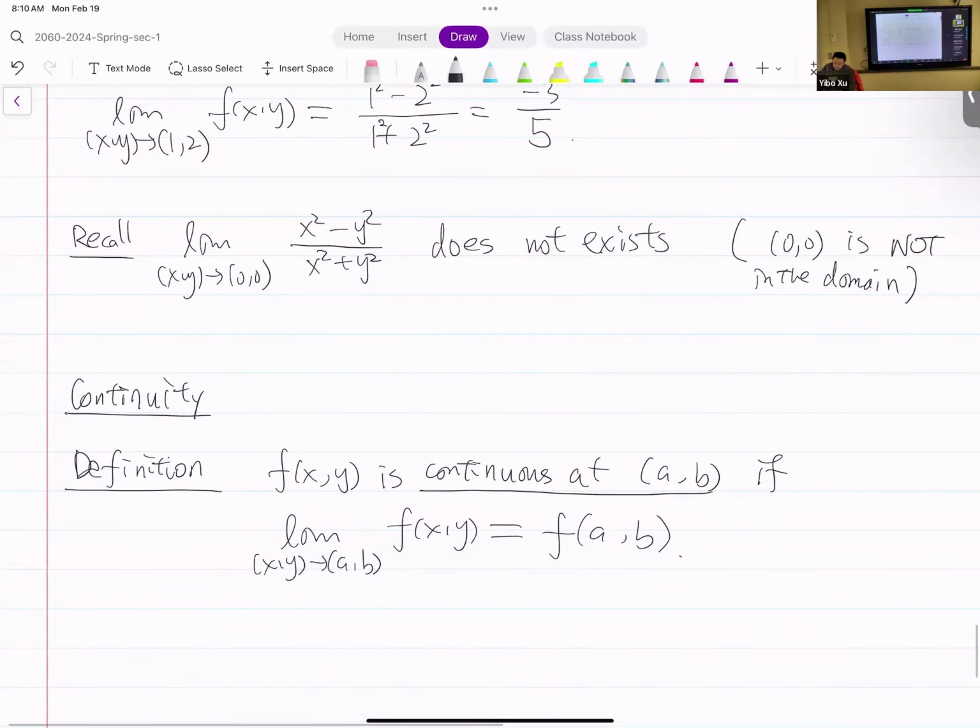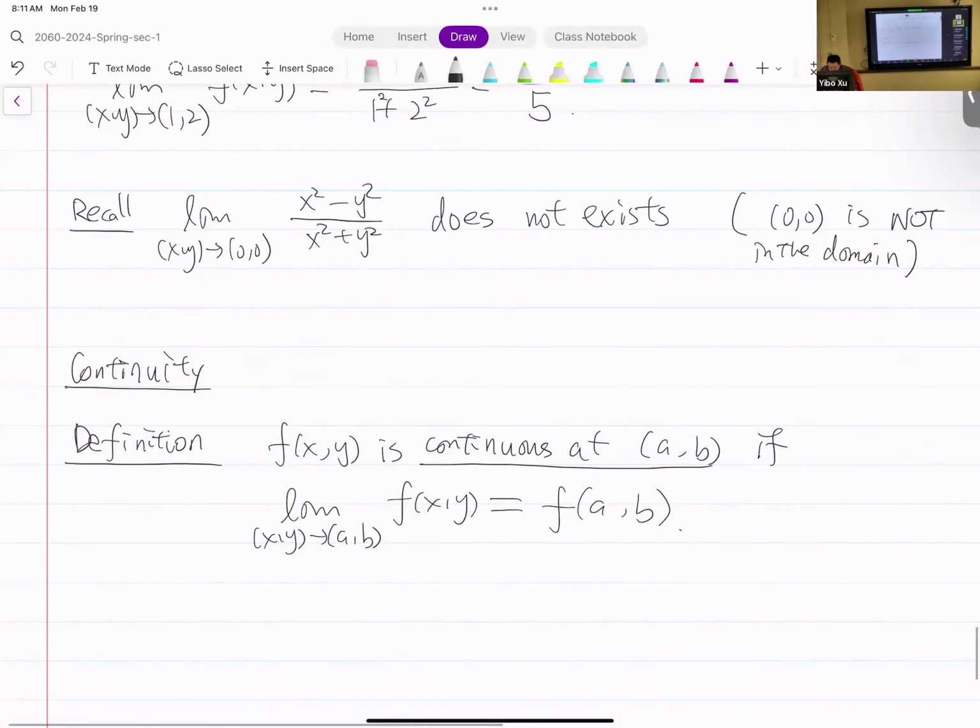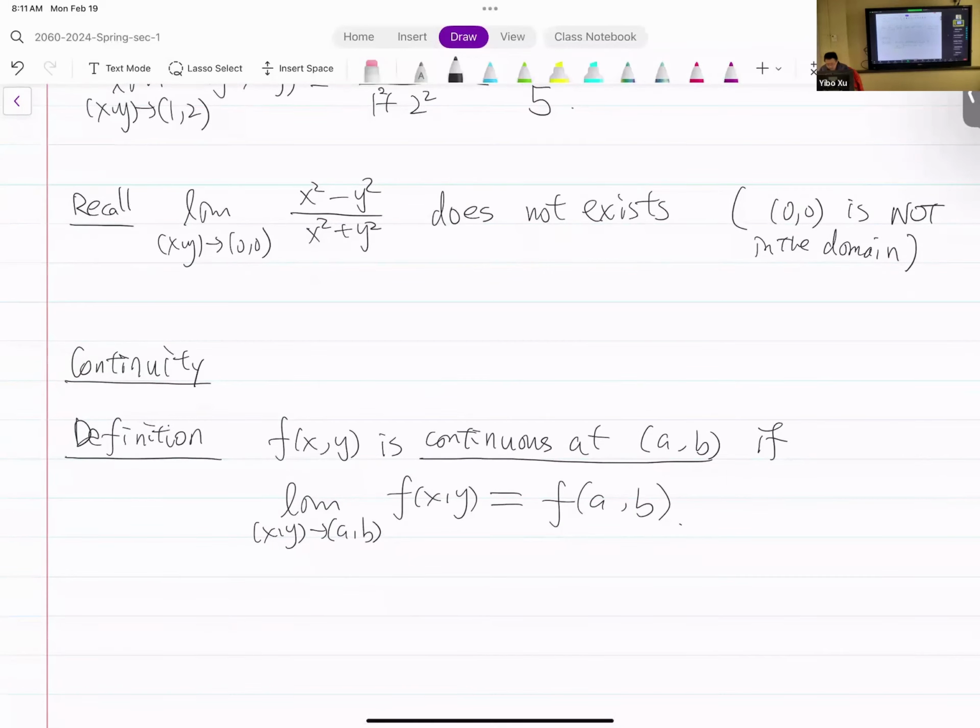Okay, so the only difference here is that in the univariate case, when you have a function f of x, it's continuous if your limit at the point exists and equals the function value at the point, right? But here, the only difference is that we have a pair of inputs, and for this limit on the left hand side, there will be infinitely many kinds of directions that you have to watch out for.